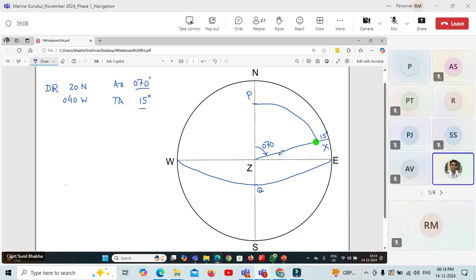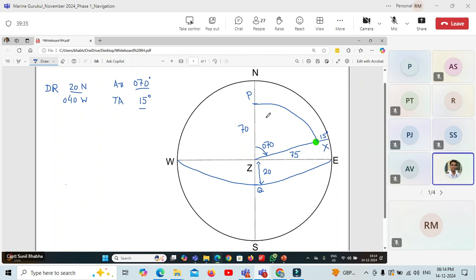Can you tell me what will be ZX? ZX is 90 minus 15, 75, sir. Very good. Latitude is 20, so Z to Q is 20 degrees. Can you tell me what is PZ? PZ is 90 minus 20, sir. Very good, 70 degrees.